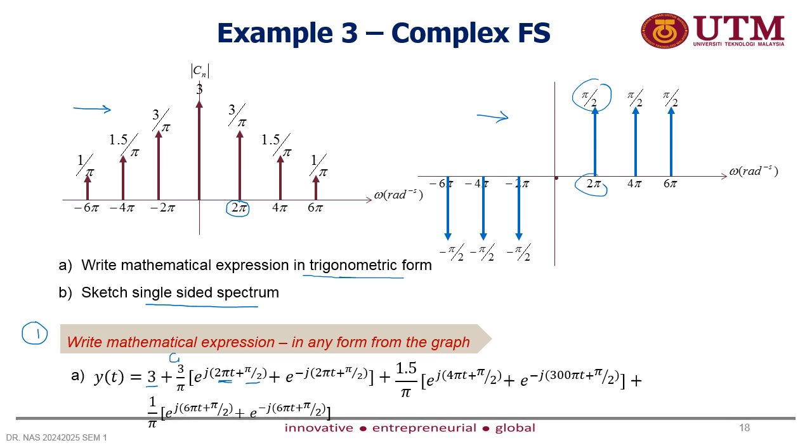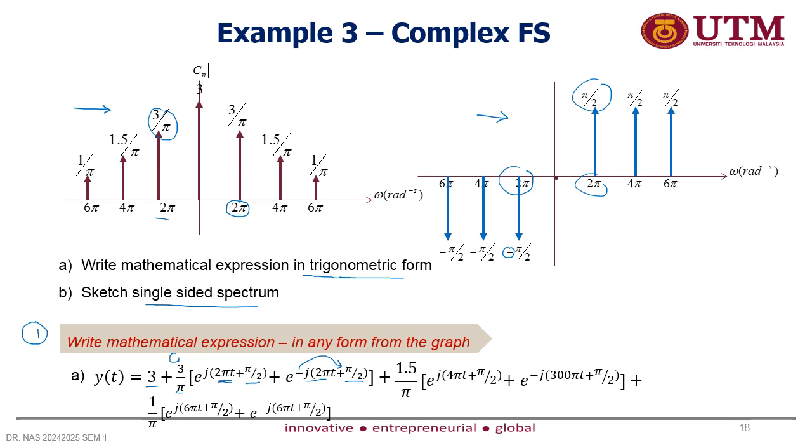Plus the negative frequency at negative 2 pi, the magnitude is still 3 over pi, same magnitude. And look at the phase at negative 2 pi, it is negative pi over 2. So it's still pi over 2, but you need to check the polarity. In this case it is negative pi over 2, so make sure the multiplication will produce negative pi over 2.